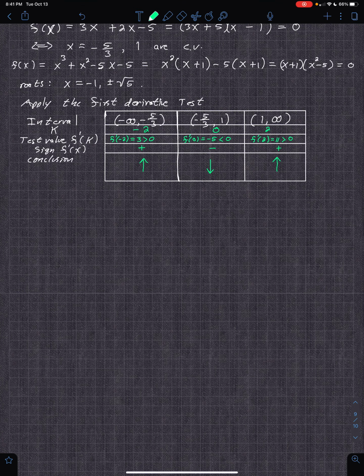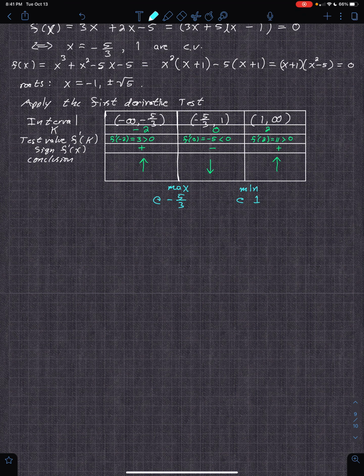So our conclusion here is that it's a local max at -5/3, because it went from increasing to decreasing. Increasing to decreasing gives you that max. And then decreasing to increasing is a minimum. That implies a minimum, so it's a minimum at 1.